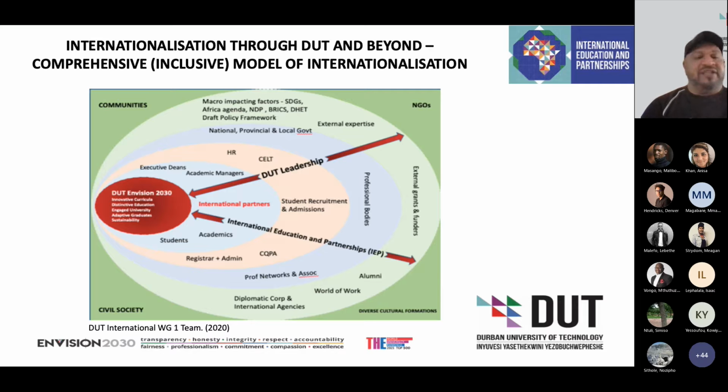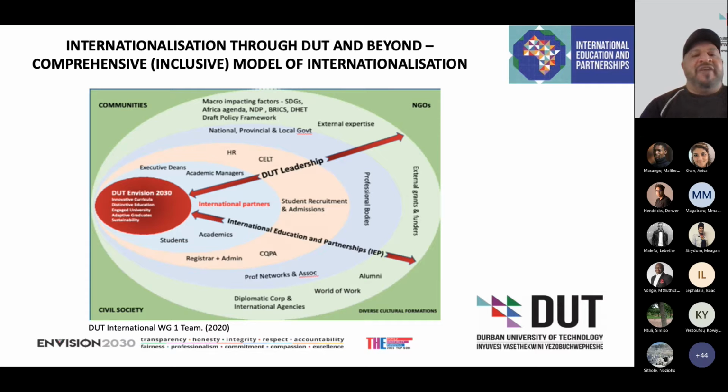After many years of not having a national strategy on internationalization, a year and a half ago, we had the promulgation of the South African Internationalization Strategy Framework. So DUT has now got a strategy approved by Senate and Council that is aligned to this. And this, together with the DUT overall strategy, Envision 2030, informs our approach.